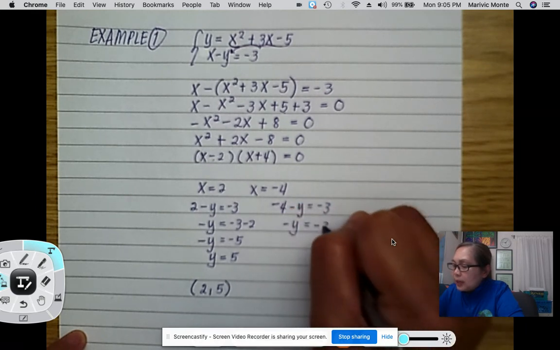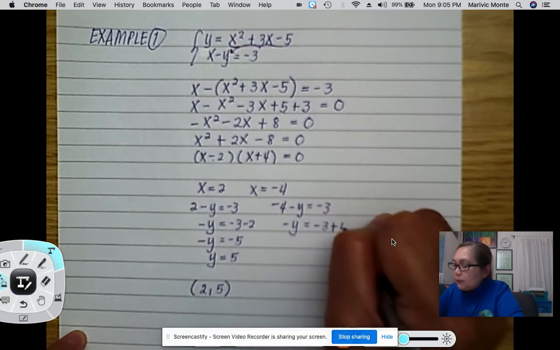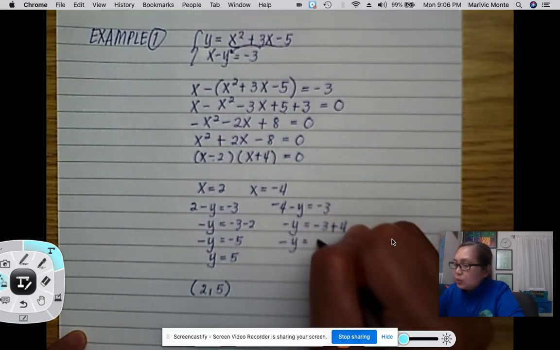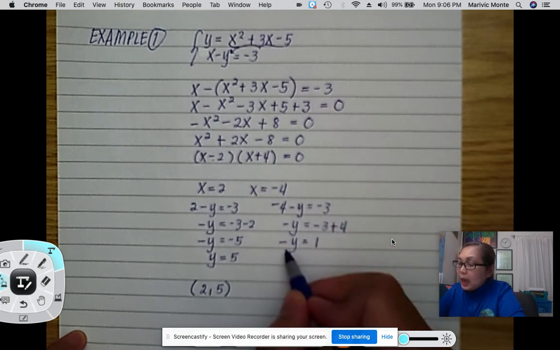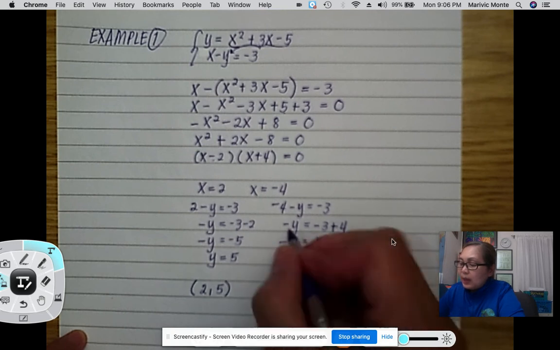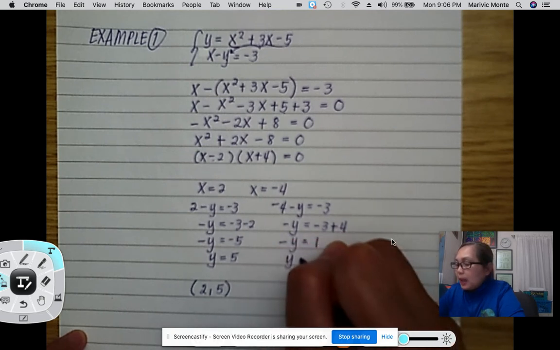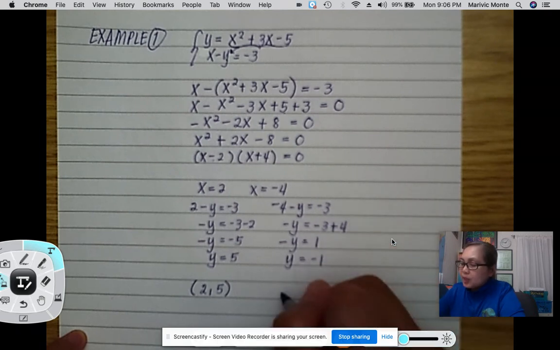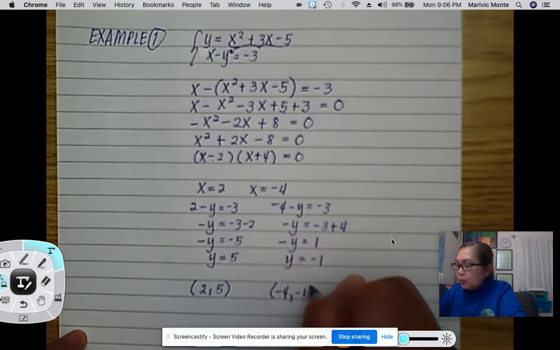So that would be negative 3 plus 4. And so my negative y here is equal to positive 1. And again, I would like to remove that negative, so I divide both sides by negative 1. So I end up having a positive y equals a negative 1. So the second answer would be composed of your negative 4 and negative 1.